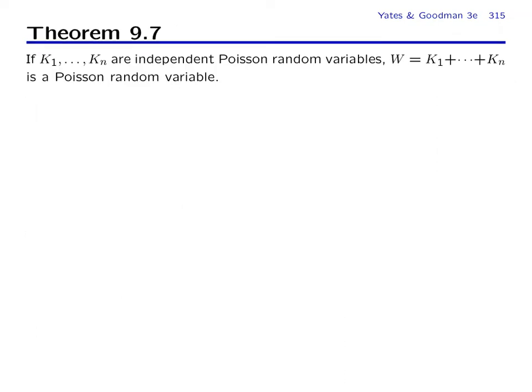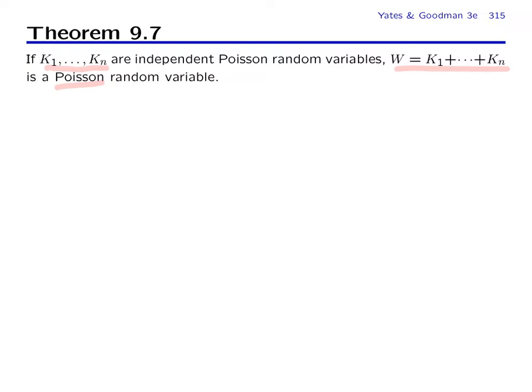More than just doing calculations of moments, the MGF gives you simple proofs about the properties of certain sums of independent random variables. For example, here we have a theorem that says if k1 through kn are independent Poisson random variables, then w, the sum of these, is also a Poisson random variable.